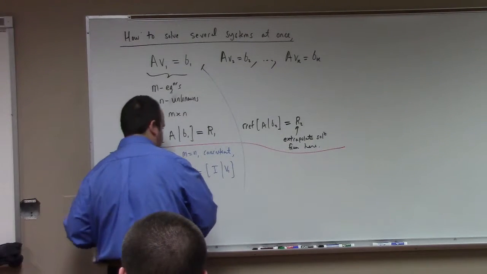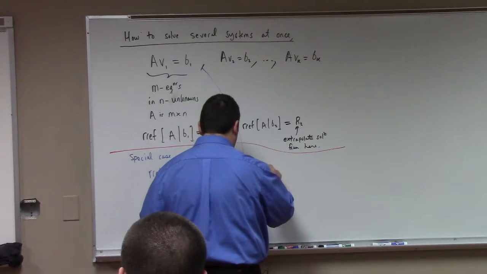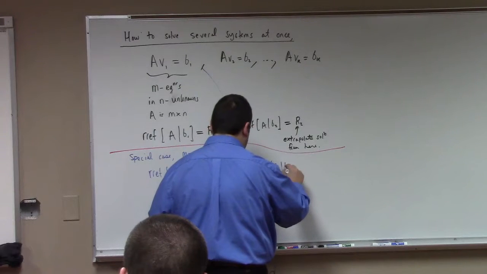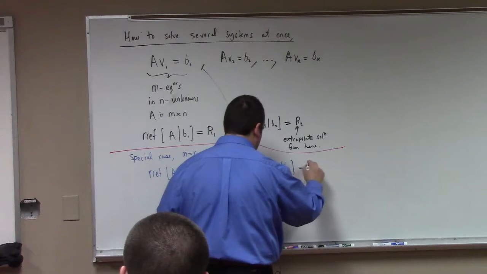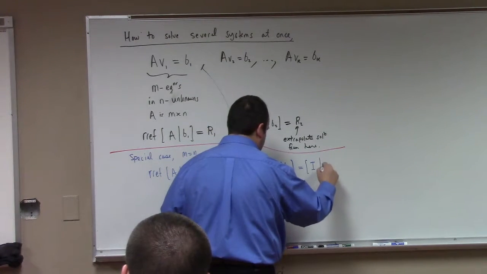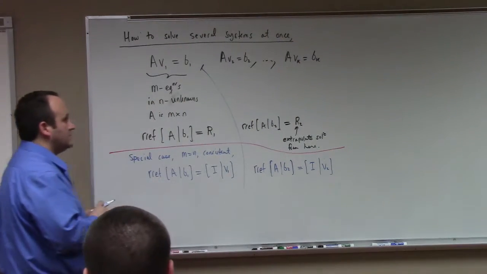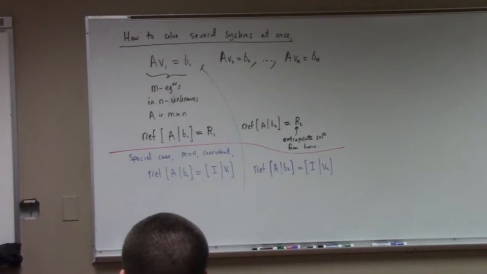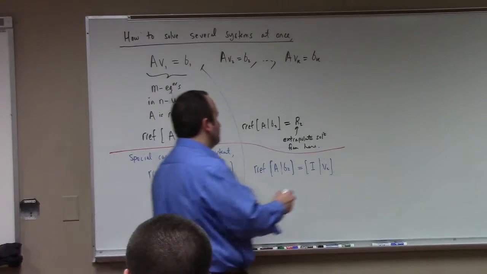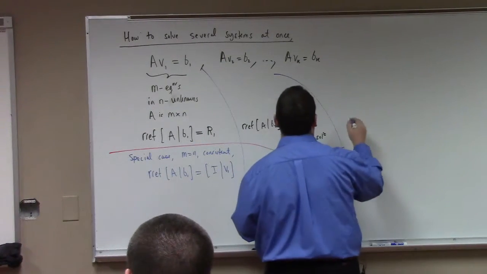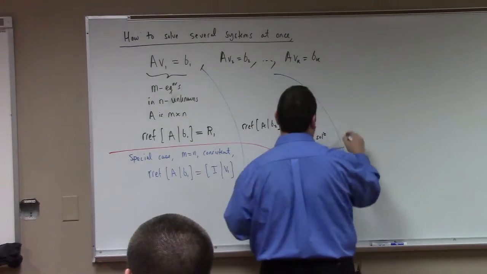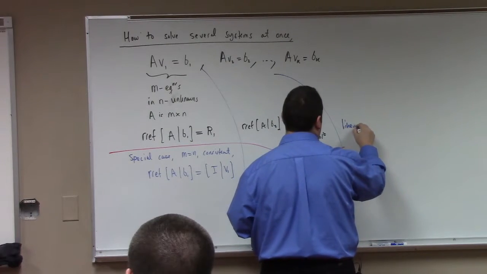You'd have the reduced row echelon form of A with B2 simplifies to the identity matrix with V2, right? And this continues. So finally, likewise.